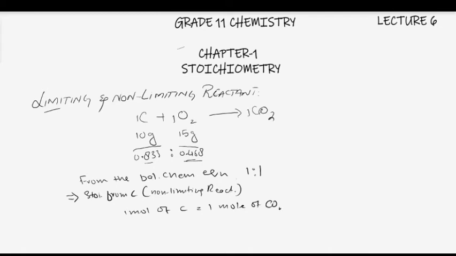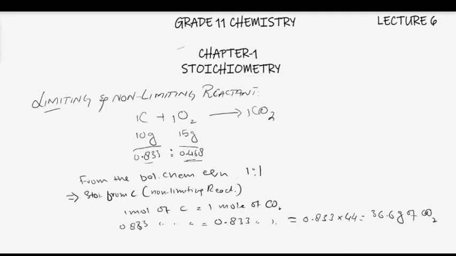So 0.833 moles of carbon will produce 0.833 moles of carbon dioxide, which is equal to 0.833 multiplied by the molar mass, that is 44, 36.6 grams of carbon dioxide.